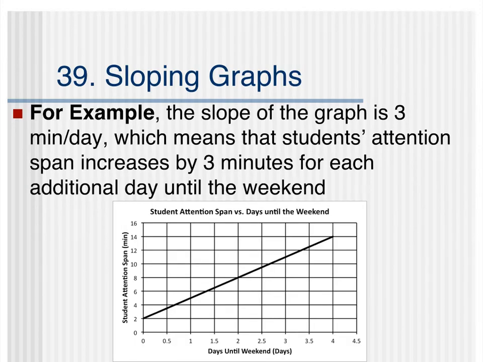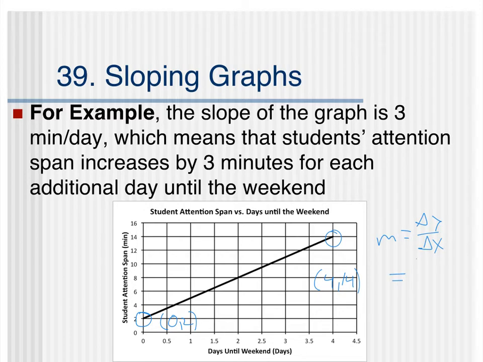So we're going to work through a quick example here. Let's take some points and find the slope. I'm going to start with that first point, which is 0, 2. And then I'm going to take this very end point here, which is 4, 14. To get my slope, it's going to be change in y over change in x.